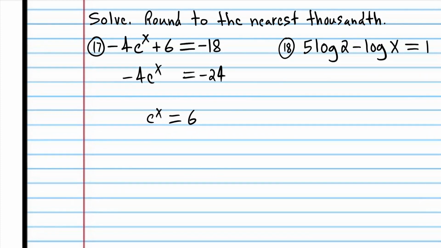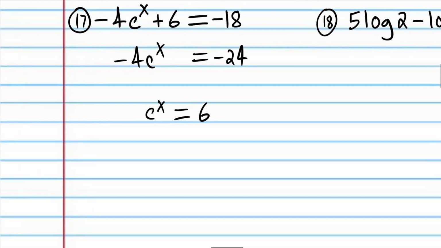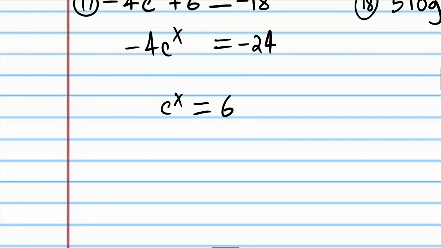And at this point, we're stuck. We don't know what to do. Obviously, we're going to have to use the calculator because that e represents 2.71 something something something to the x power is equal to 6. That's going to require a calculator for us to solve that.